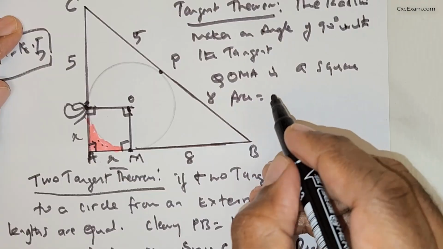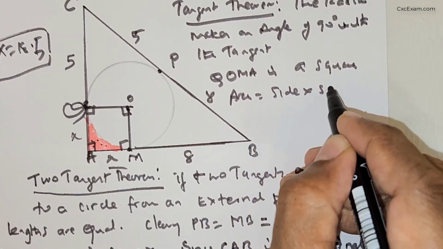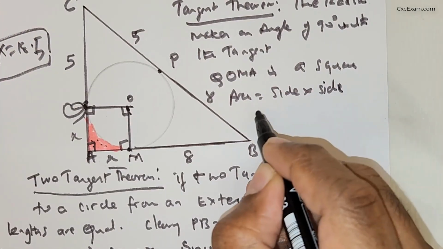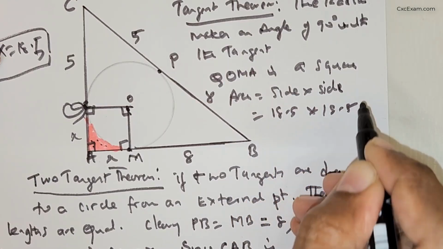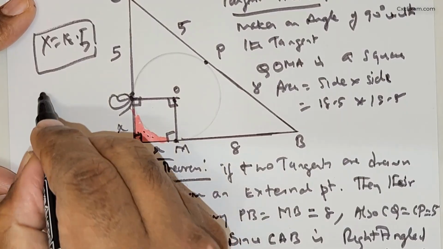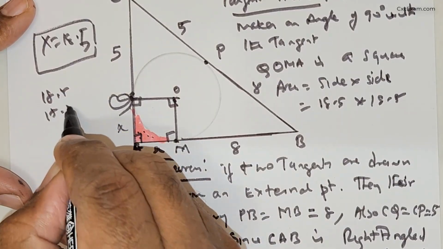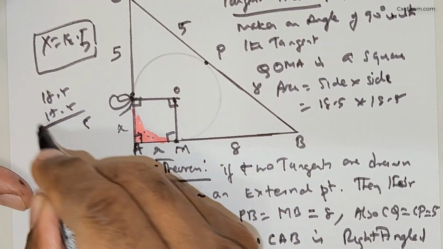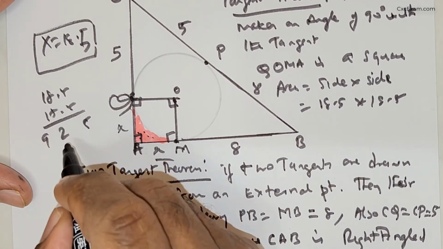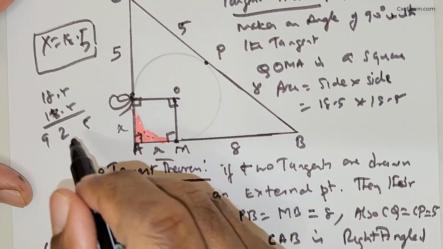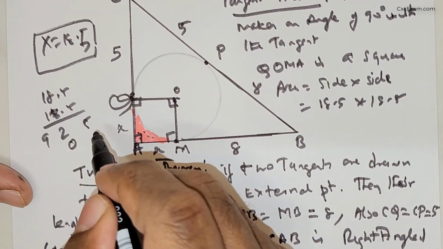So area is equal to side into side. Our side is 18.5, multiplied with 18.5. So you multiply 18.5 with 18.5. What do you get?